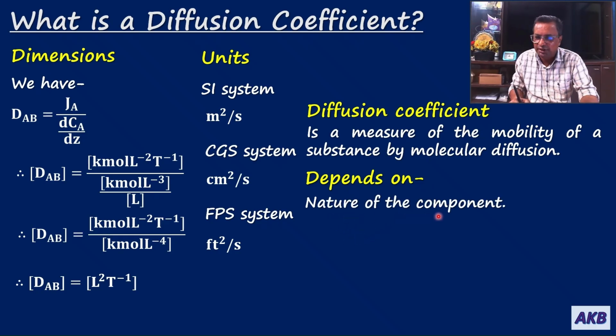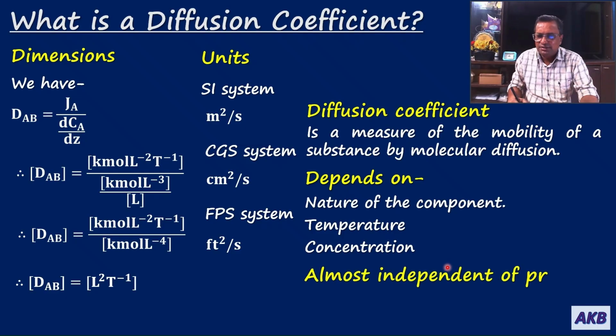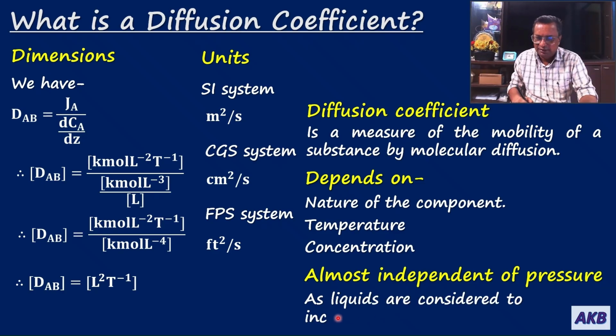It depends on the nature of component. For example, in a solution of A and B, it will depend on nature of A and nature of B. Then it depends on temperature. It depends on concentration. And as far as pressure is concerned, for liquids, the diffusion coefficient is almost independent of pressure. And what is the reason for that? We consider liquids to be incompressible.